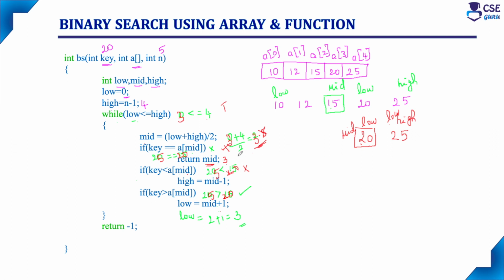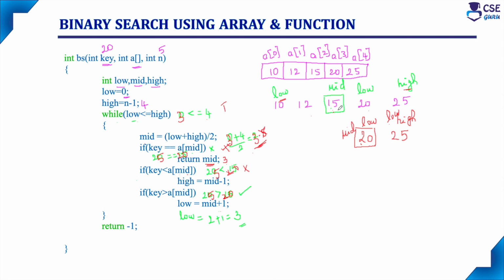So if you enter the key element, in binary search the array will be divided into 3. The starting array location will be considered as low and the last element will be considered as high. Next, we have to find the mid element. Comparison will happen only at the mid element. If the comparison fails, it will check whether the key element is lesser or greater than the mid element.